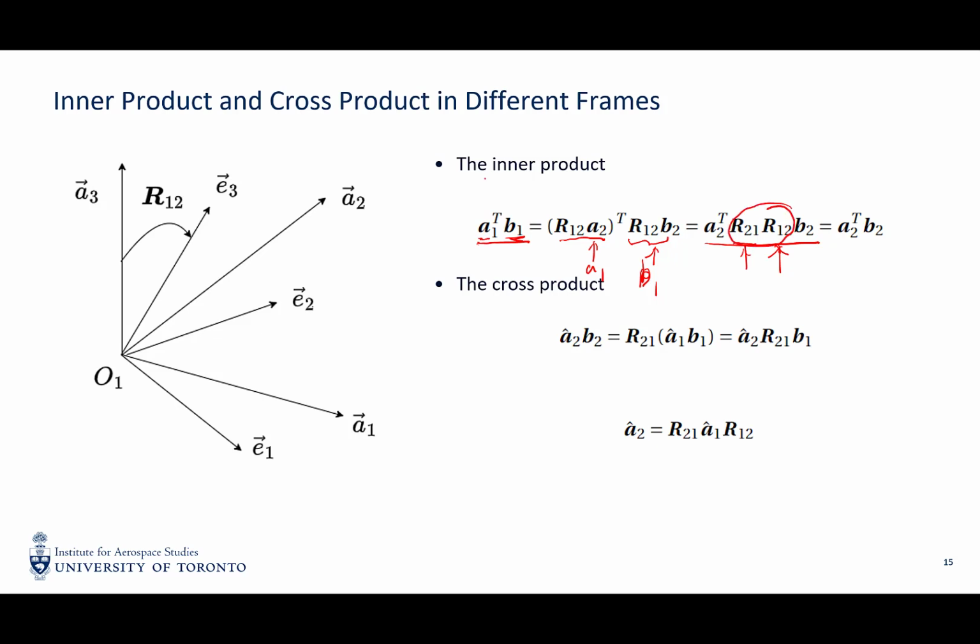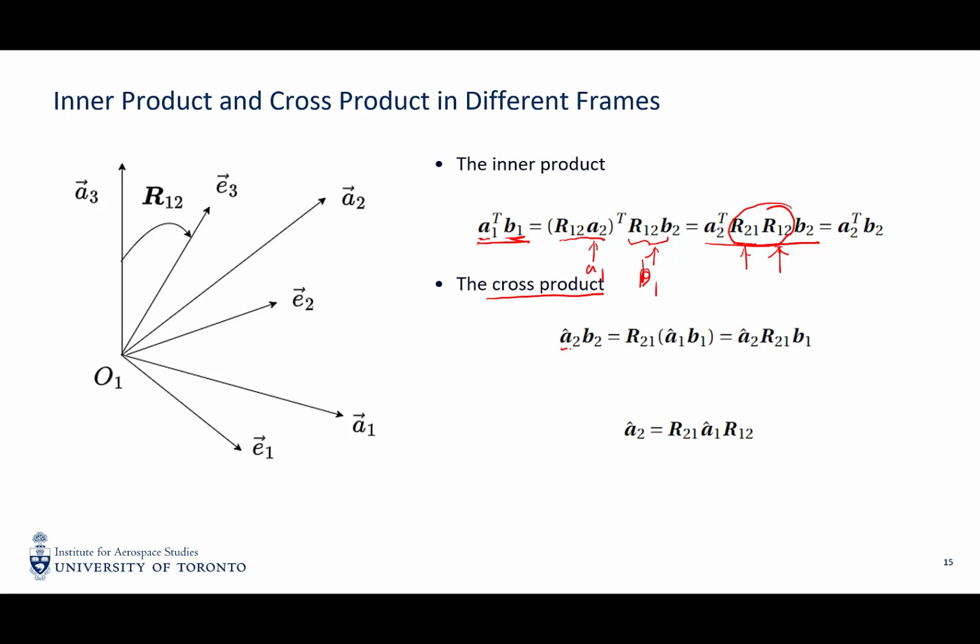So we can see that the inner product will remain the same because it's a scalar in any reference frames. Right? And for the cross product, if we want to describe the cross product in different coordinate frames, we can do the same.